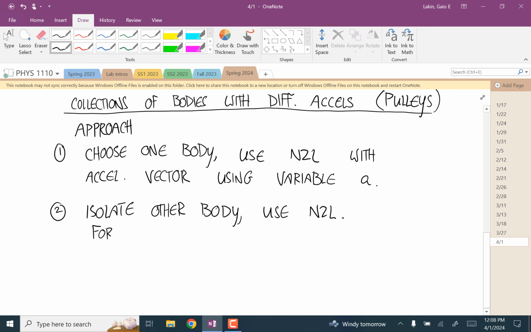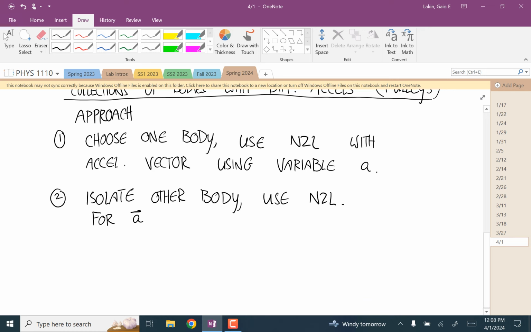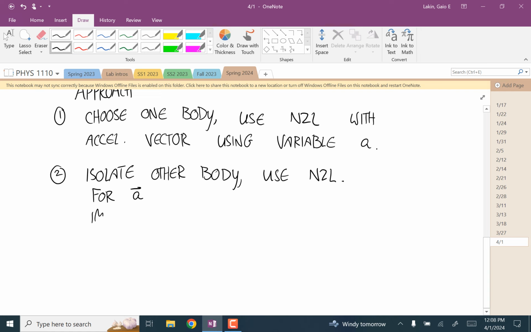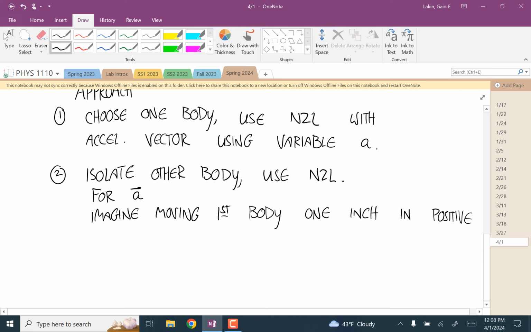So for the acceleration vector, imagine moving the first body one inch in the positive direction.